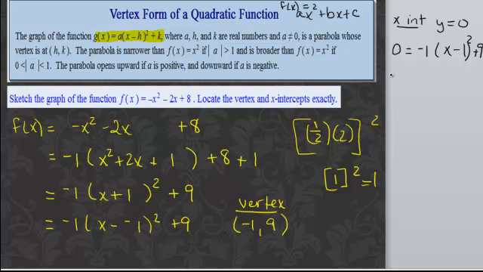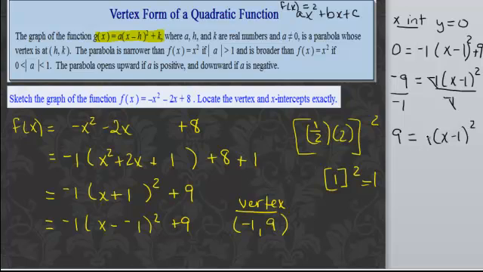Alright, we can subtract 9 from both sides. We get negative 9 equals negative 1 times x plus 1 all squared. We can divide both sides by a negative 1, and we end up with 9 equals x plus 1 all squared.